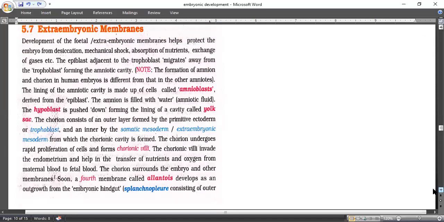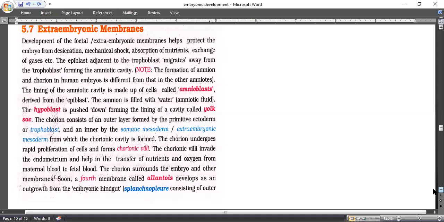The formation of amnion and chorion in human embryos is different from that of other amniotes. The lining of the amniotic cavity is made up of cells called amnioblasts derived from the epiblast. The amnion is filled with water, the amniotic fluid. The hypoblast is pushed down, forming the lining of a cavity called the yolk sac. But the yolk sac doesn't have any value for us.